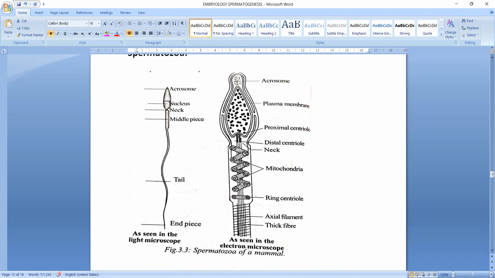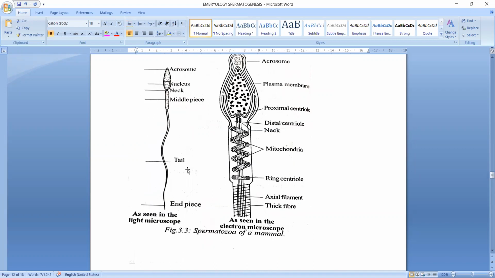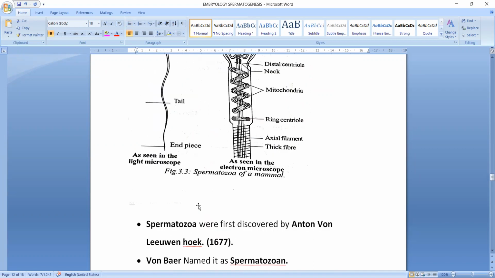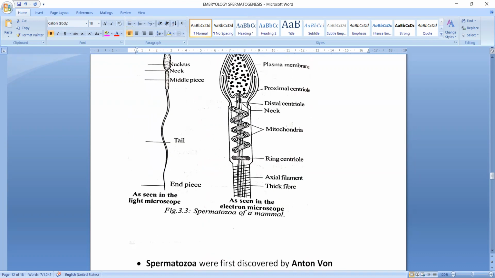And this part is middle piece or mid piece. And this is axoneme, or you can also call it tail. So these are the parts, and here in the middle piece you can see the proximal centriole and the distal centriole.